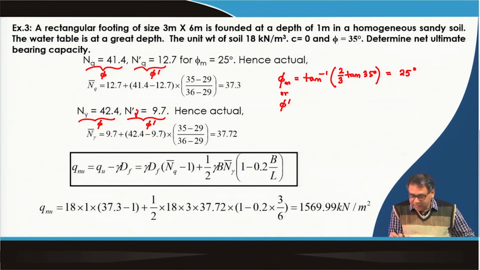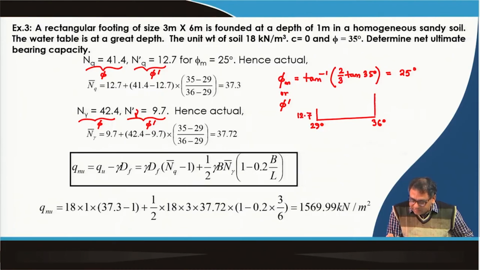How we will interpolate? So, suppose we know for general shear failure it is 36 degree and local shear failure it is 29 degree, and for local shear consideration the value is, for example, 12.7, and for general shear consideration corresponding to real phi. Okay, because you may ask that I have calculated the bearing capacity factor corresponding to phi 35 degree, but I am writing 36 degree.